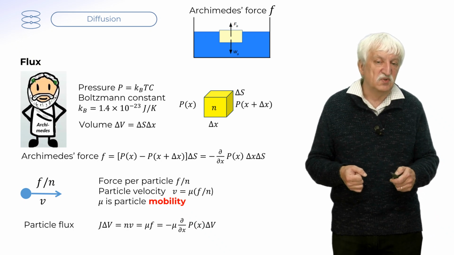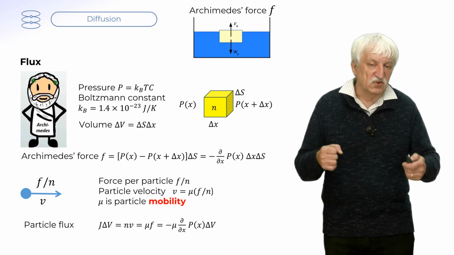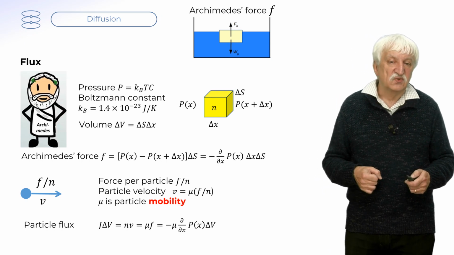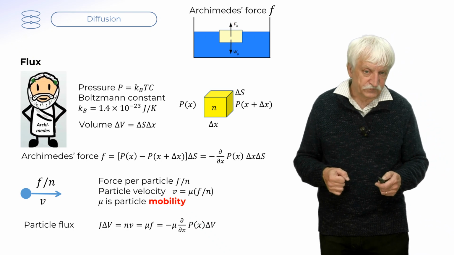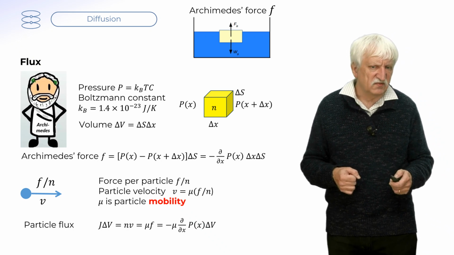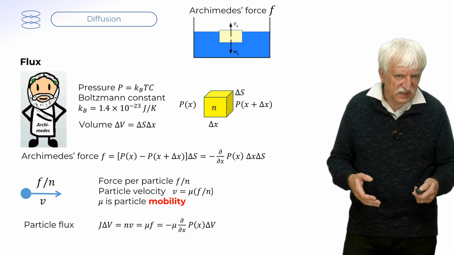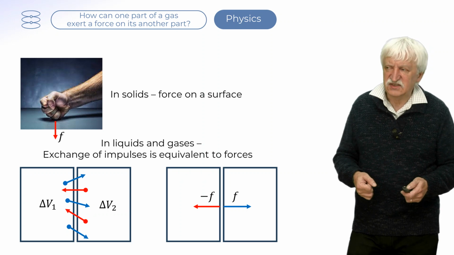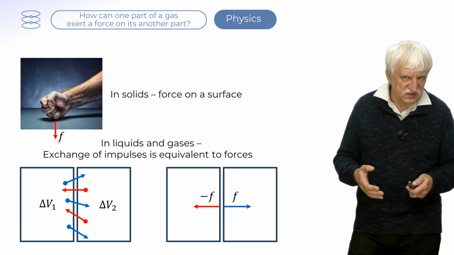So it's mu times F, mobility times the force on this volume. And using the equation for this force, it can be written as minus mu times the derivative of the pressure times delta V.